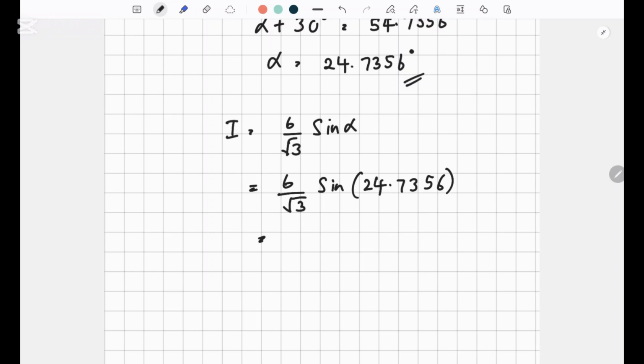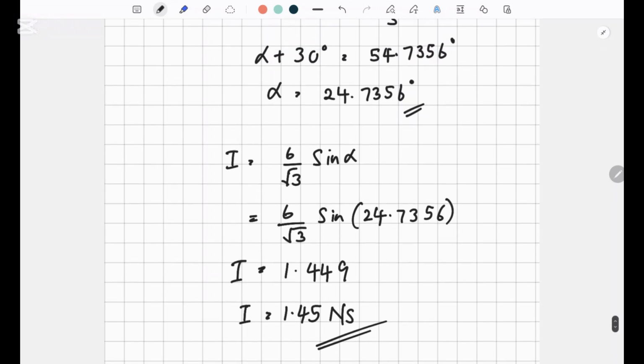So this should give you 1.449. So I equals 1.45. Yeah, you can say 1.45 Newton seconds. That is your answer.